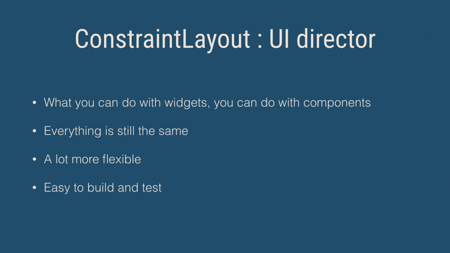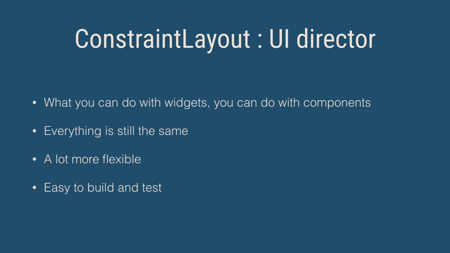So one thing you can think of too is that ConstraintLayout, sure, it's moving your views around, right? It's deciding where your widgets are. But it's not limited to that. Or more exactly, what we call components in general, they are views. So you could think about moving those views instead. And then you can think about it as just managing the entire state of your UI, not purely, hey, I have a dialog, I want to display something in that dialog, and let me put that button to the right of that text field.